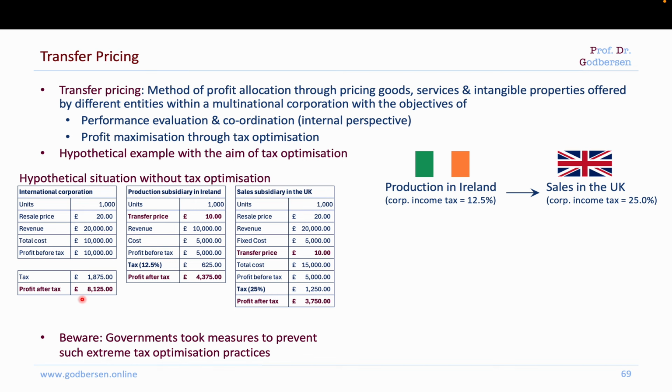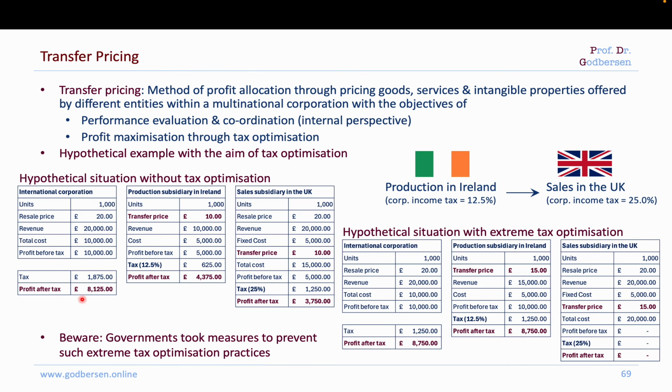So it's a hypothetical situation that you actually cannot do in practice, but wouldn't it be lovely, as the Republic of Ireland has only an income tax of 12.5%, whilst the UK charges double that percentage. So we shift all our profits to the Republic of Ireland. And we do this by increasing the transfer price to £15.